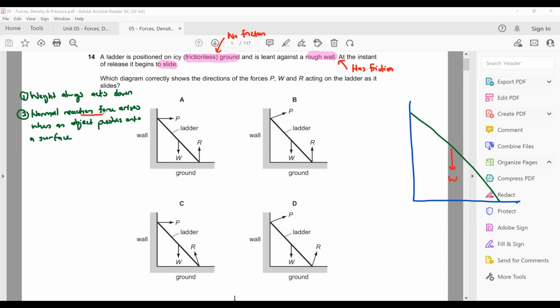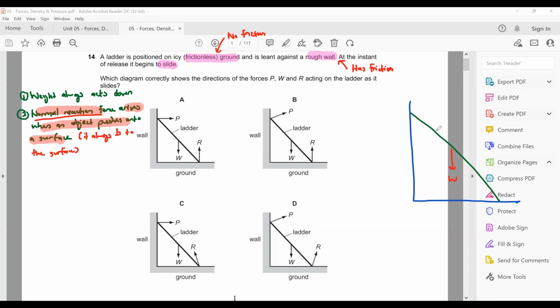It is always perpendicular to the surface. In case you're wondering what normal reaction force is, I didn't write this in the notes, but I think this is something that you all must have learned before. A normal reaction force will arise when an object pushes onto a surface. It will always be perpendicular to the surface.